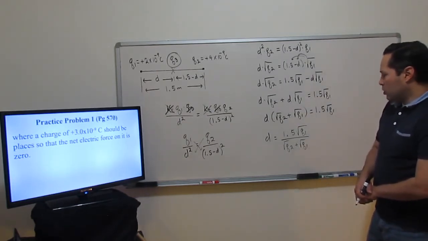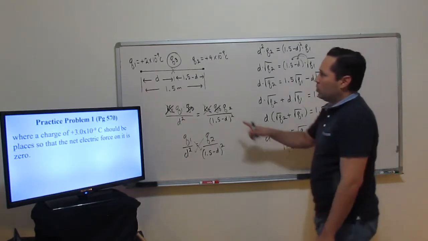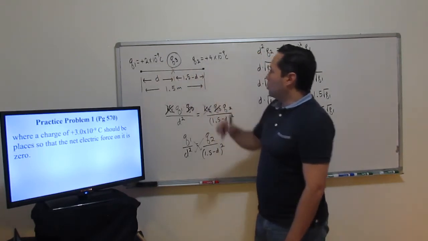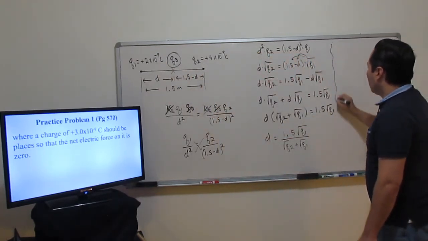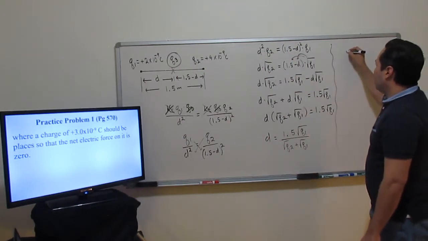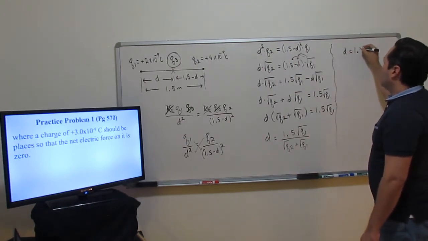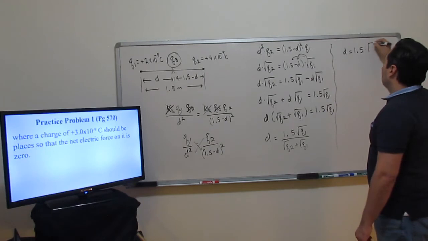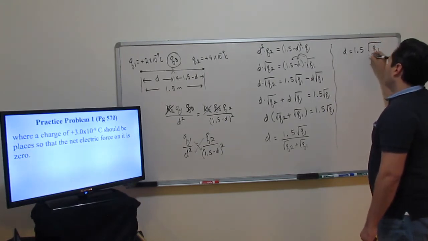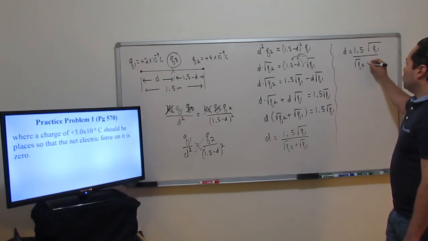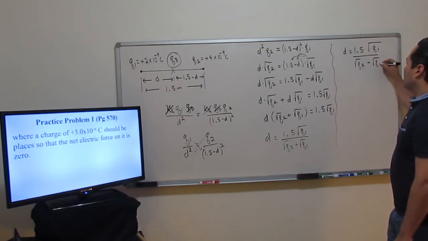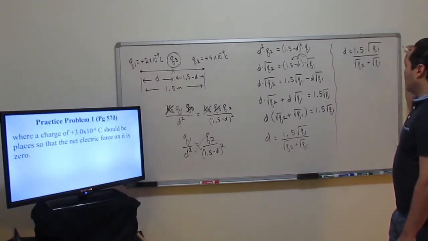From there we can go ahead and just plug in the numbers for Q1 and Q2. There's Q1, Q2, plug them in, and we have our formula. So let me go ahead and rewrite the derived formula. The distance in between them, D, equals 1.5 multiplied times square root of Q1 over square root of Q2 plus square root of Q1.